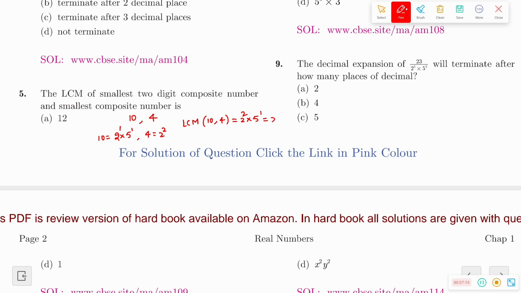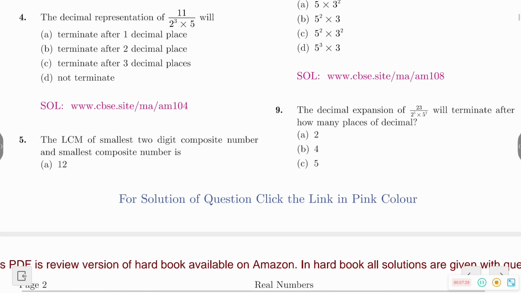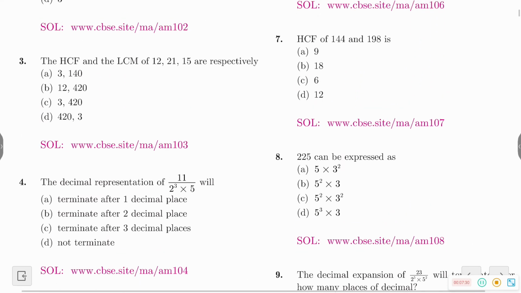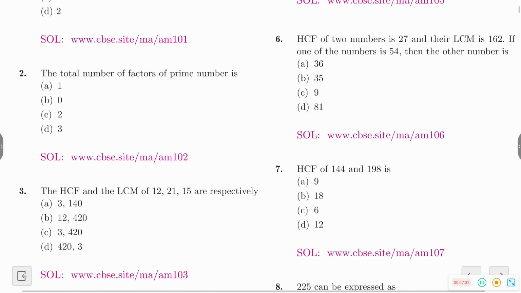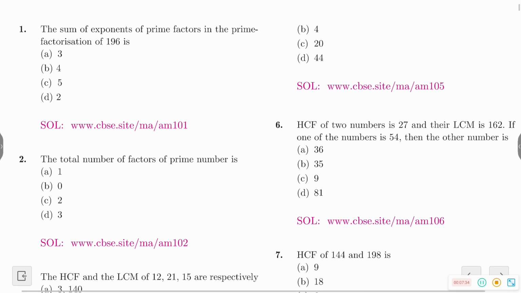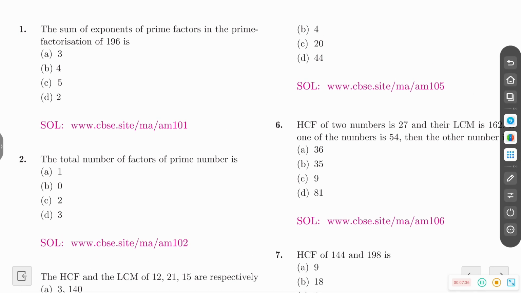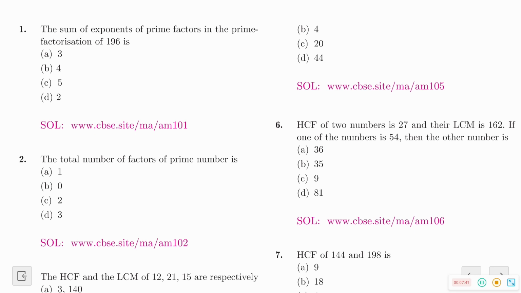So it is 4 into 5, 20. 20 is the LCM of 10 and 4. No need to follow it like this; if you know, you can answer directly. LCM is 20. Yes, here option C is correct.